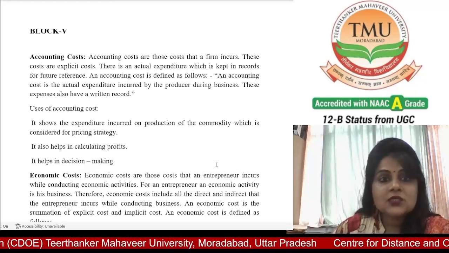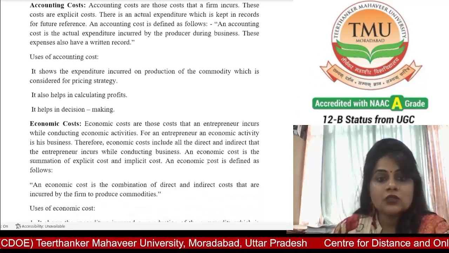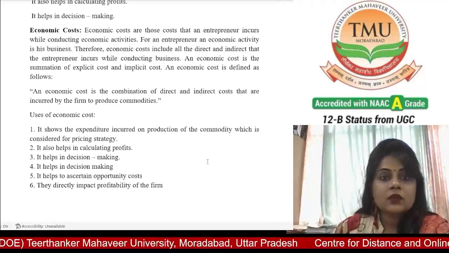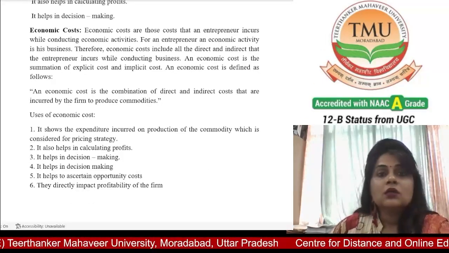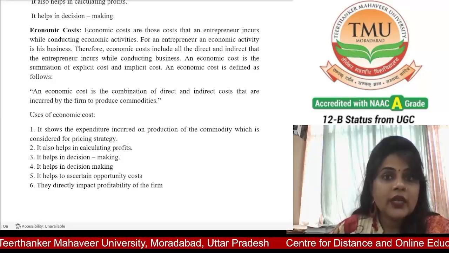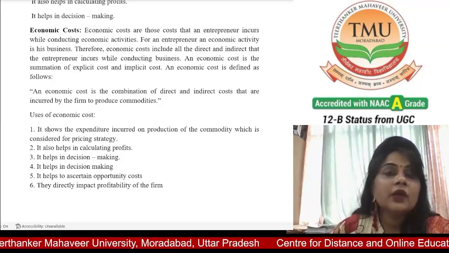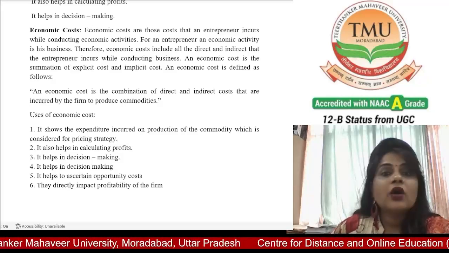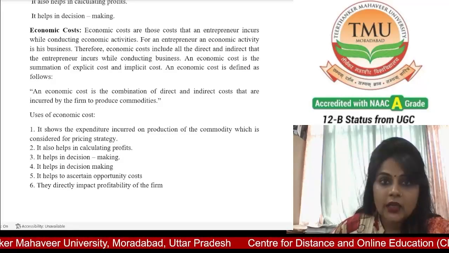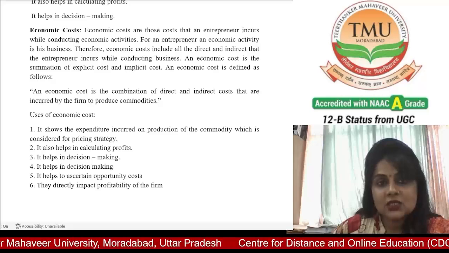Now we discuss the economic cost. Economic costs are those costs that an entrepreneur incurs while conducting economic activities. For an entrepreneur, an economic activity is his business.